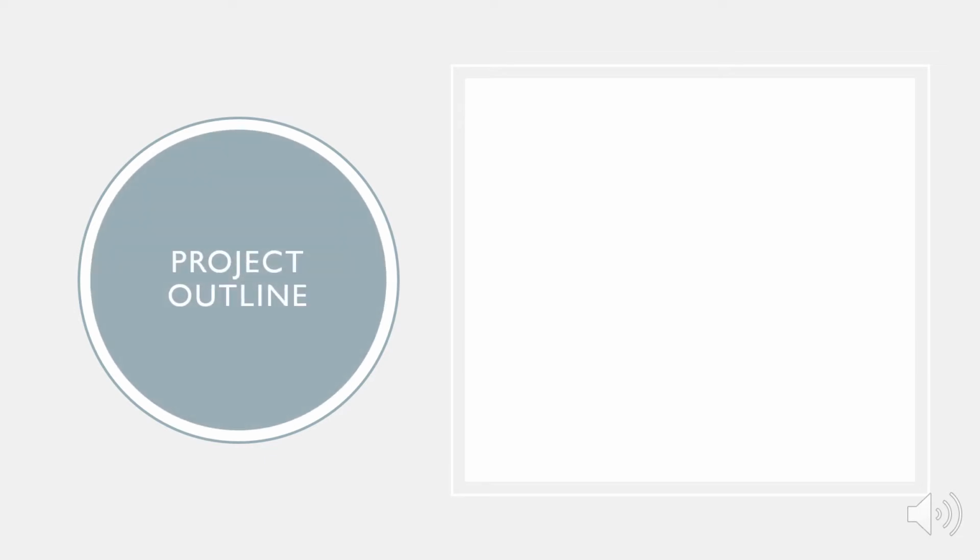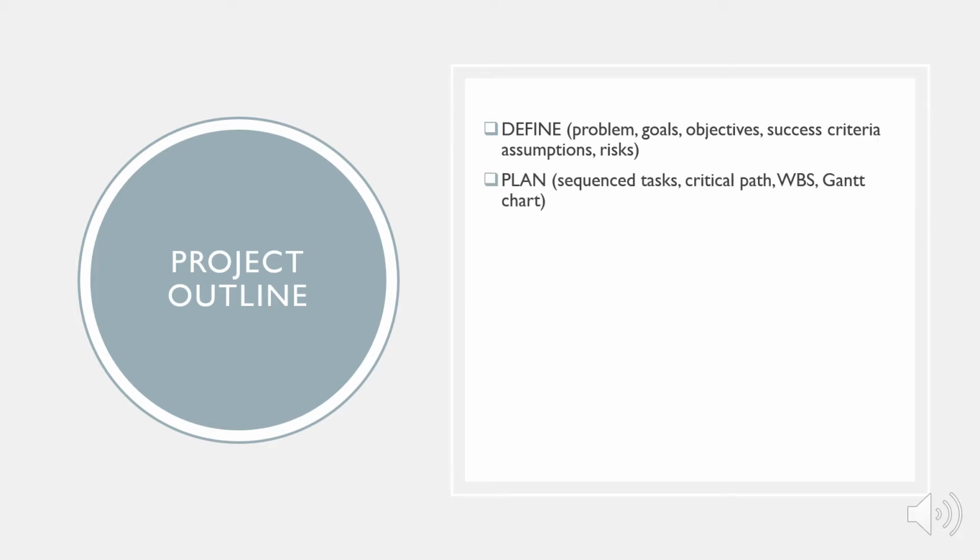We will walk you through the outline of the project. In the define phase, we will indicate the performance problem or the critical needs that must be resolved in this school. Then we come up with the specific project goal, objective, and we highlight the success criteria and assumption and risk for this project. In the plan phase, we will specifically talk about the work breakdown structure, sequence tasks, critical paths, and Gantt chart.